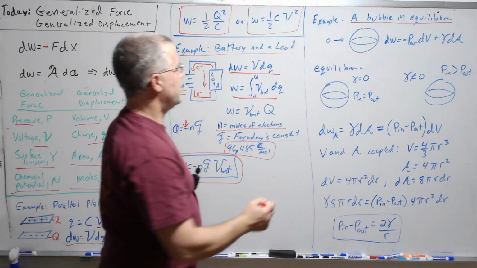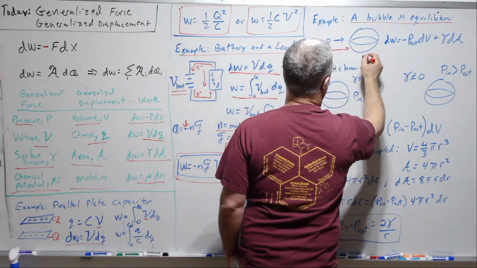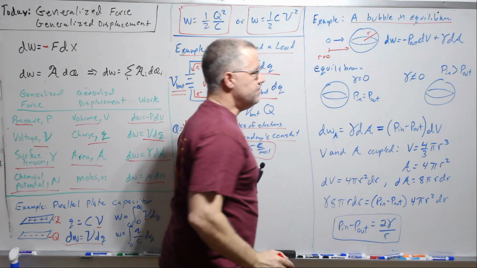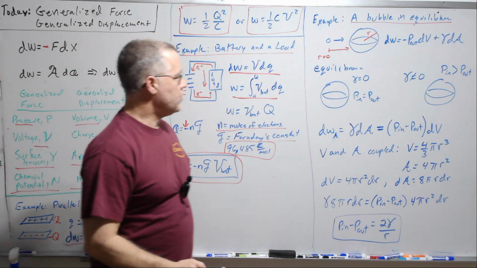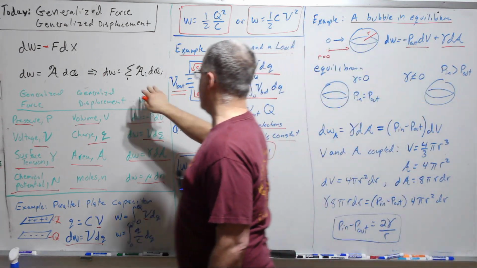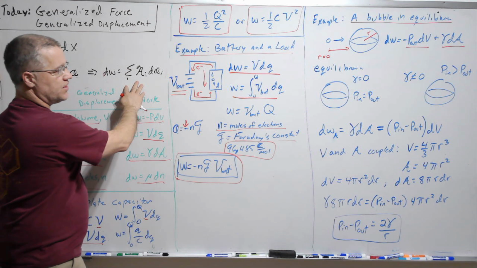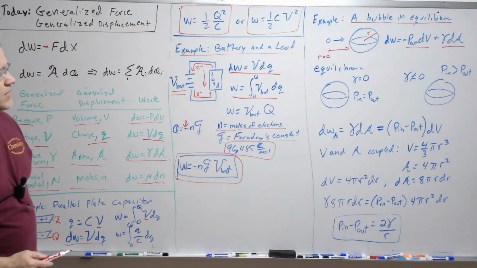If we think about taking the volume from a radius of 0 out to some non-zero radius, then the components of work we can just write out as a sum. That's what this condensed notation means here. Those are the contributions to the work.